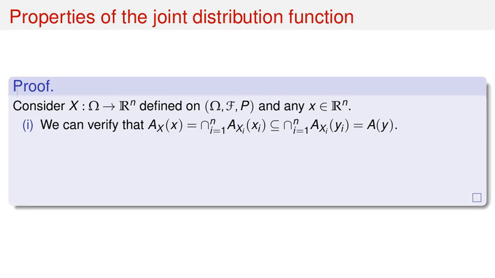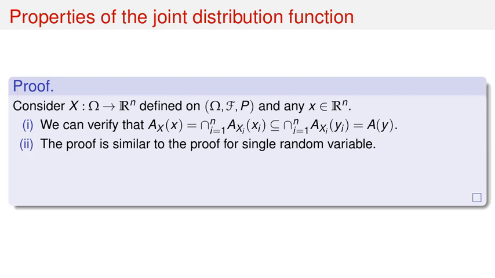So by monotonicity of probability, F sub X of x is less than or equal to F sub X of y. 2. The proof for right continuity is similar to the proof for a single random variable involving limits of sequences of sets.